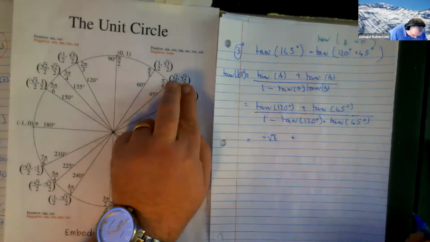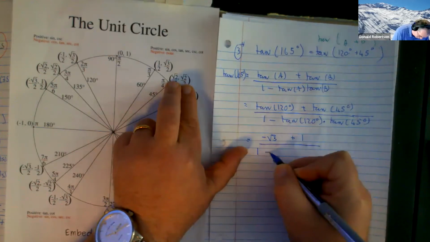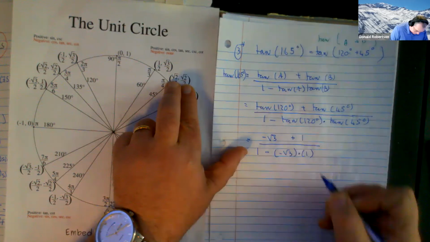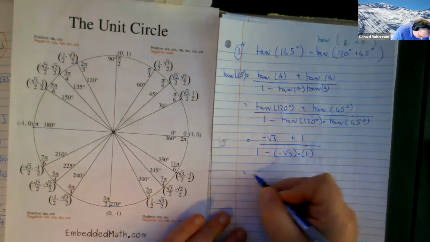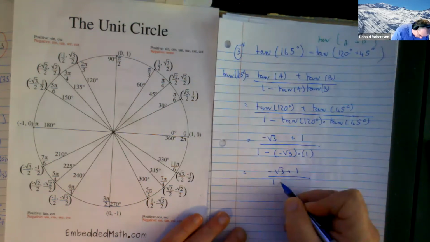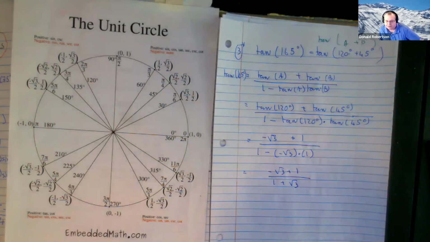Isn't y over x just 1? 1 take away that guy times that guy. And so the top row ends up looking like that, and the bottom row ends up looking like that. And don't try and make it look pretty, because you're probably not going to be able to easily. Are we good?